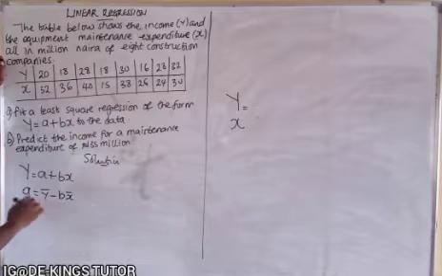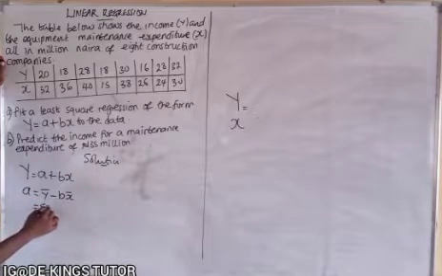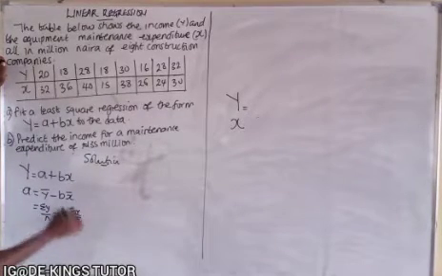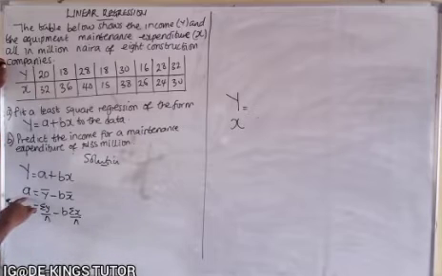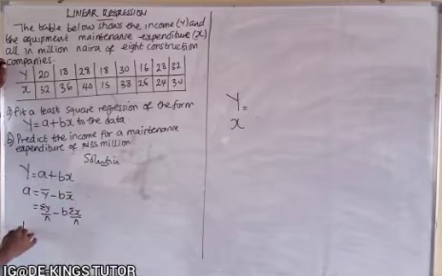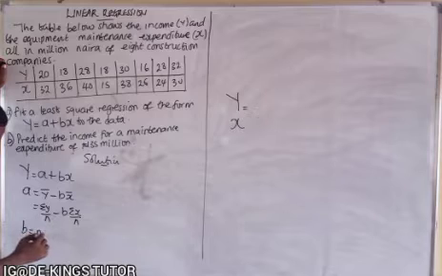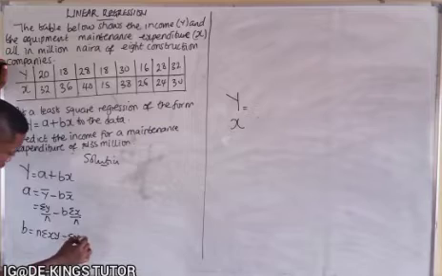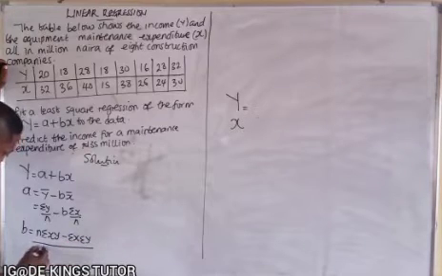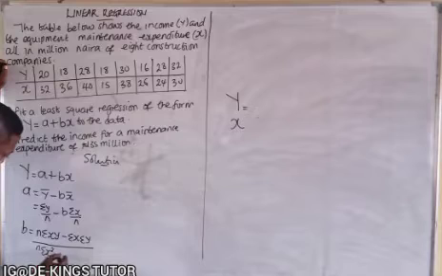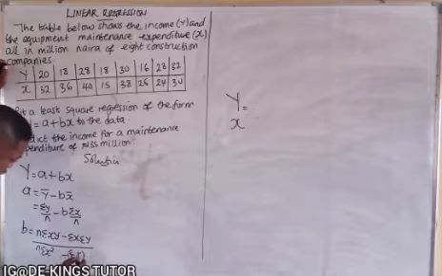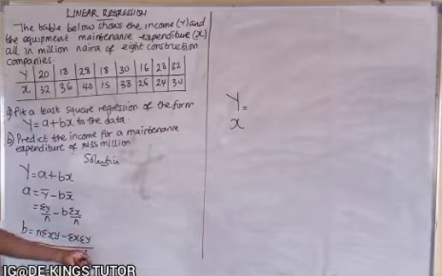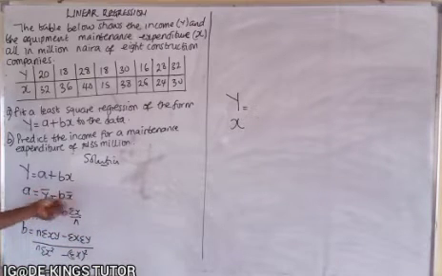Remember, the mean of y is the same thing as summation y over n, minus b summation x over n. So that is for a. Now b: b is n summation xy minus summation x summation y, all over n summation x squared minus summation x, all squared. When you are done with this solving, you get b, and when you are done, you get a.